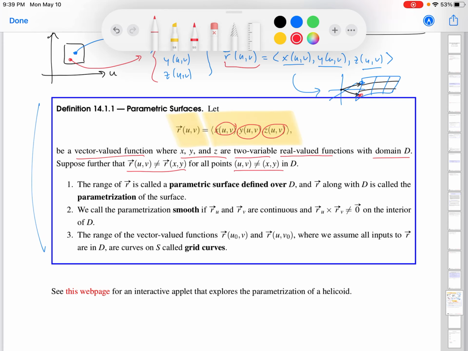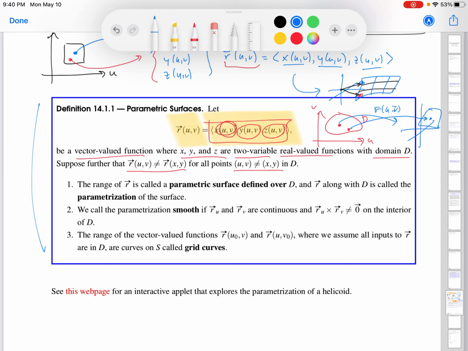What does that mean? That means that if I look in the uv plane and I look at my domain D, which is where I'm going to be picking u,v points from to then generate my parametrized surface, I'm going to assume that if I pick a point, it is mapped by r of u comma v into some point on my surface, and then if I pick a different point, it is not also mapped onto the same point, right?